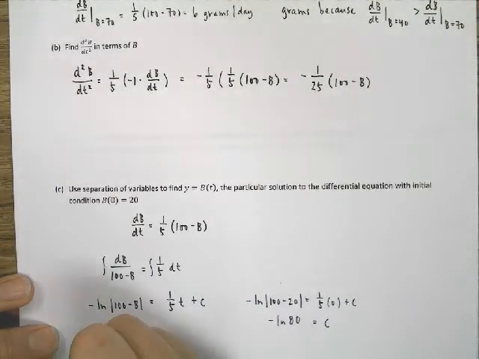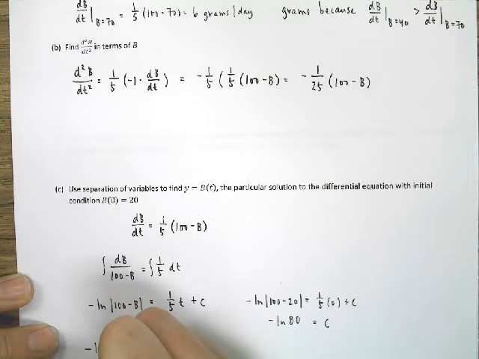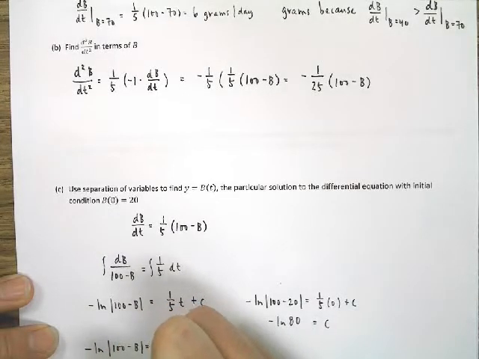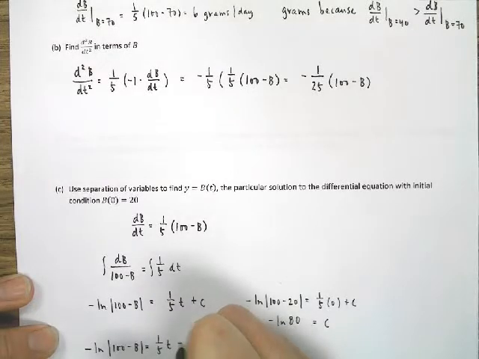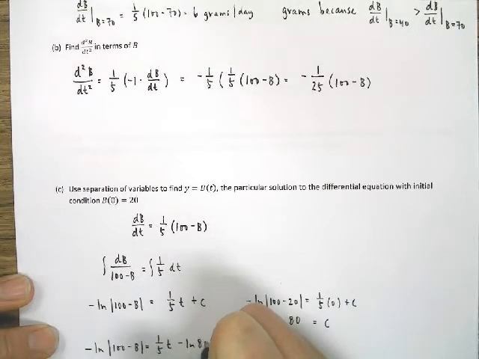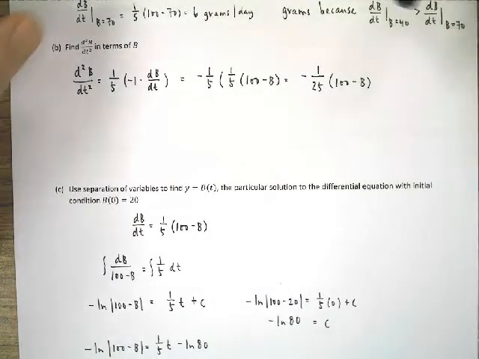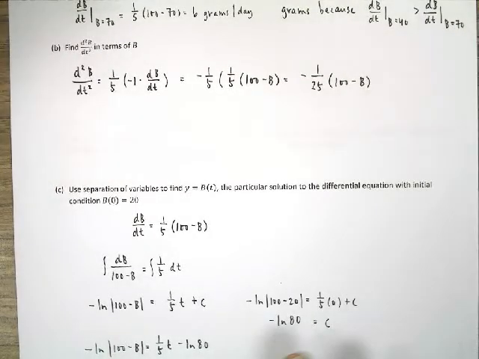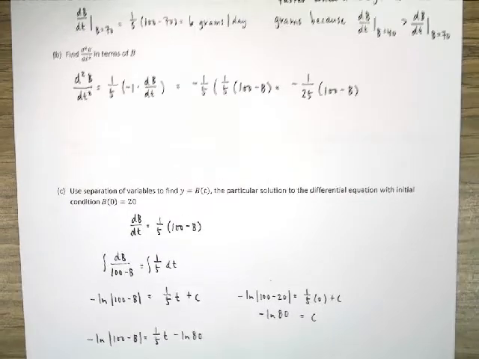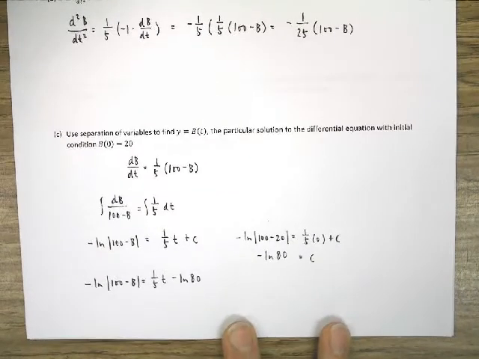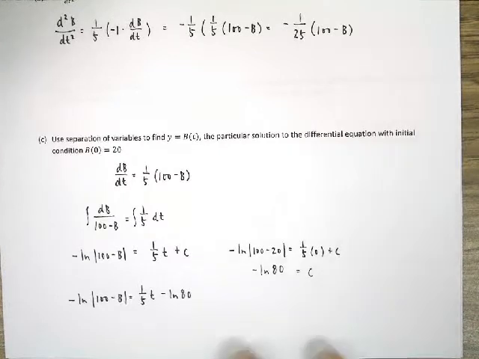Okay, so now I'm going to go back here. The opposite of the natural log of the absolute value of (100 minus b) equals 1/5 t minus the natural log of 80. And now I have to do all my work of isolating my variable. So I'm going to slide this up so you can see it here.